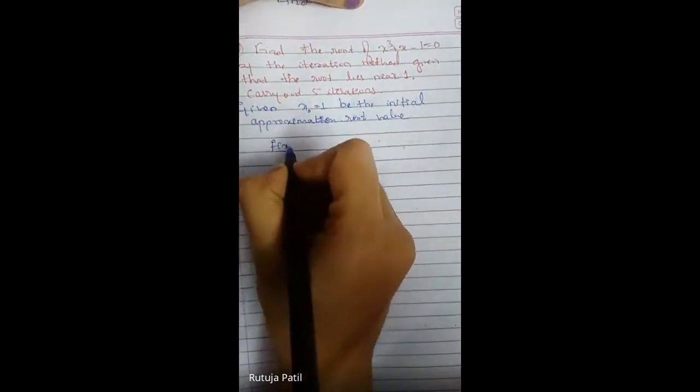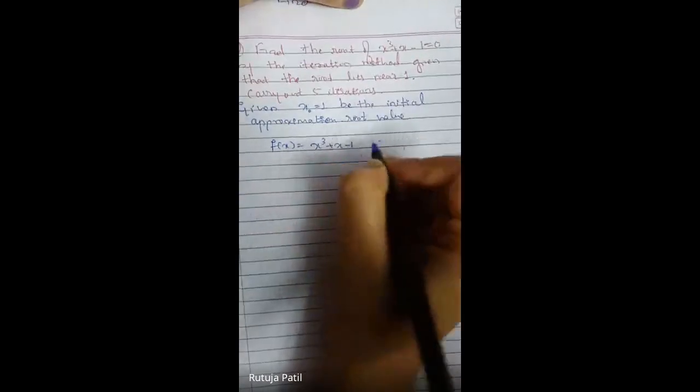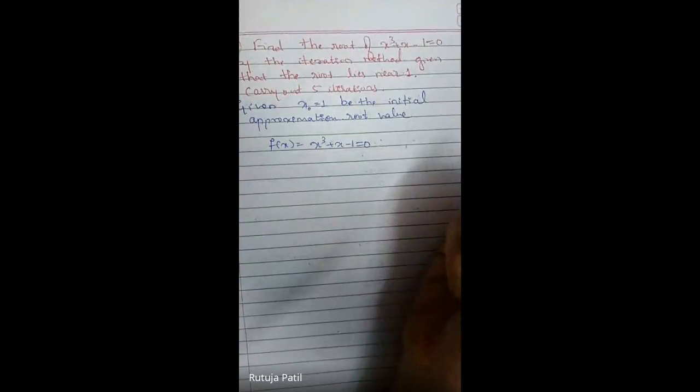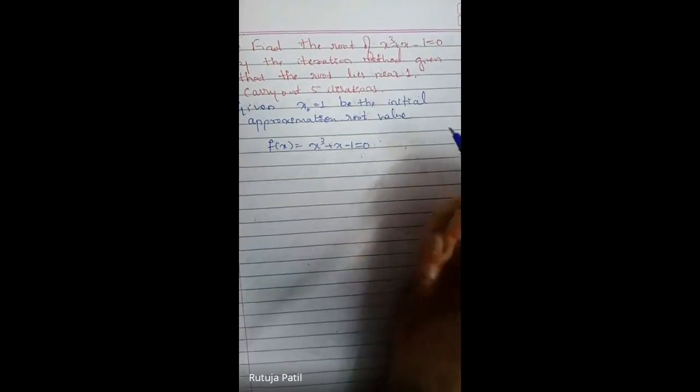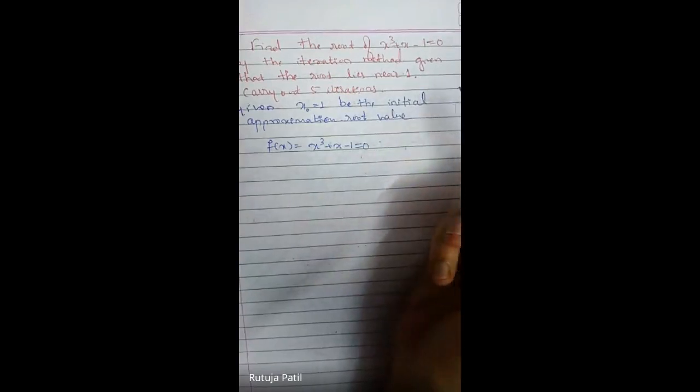Now the next thing is our f of x, that is x cube plus x minus 1 equals 0. Since we need not find the interval, why? Because they have already given in the question that the root lies near 1, meaning x naught is 1 only.